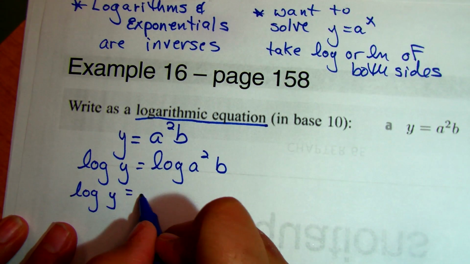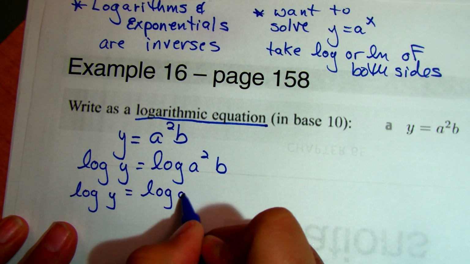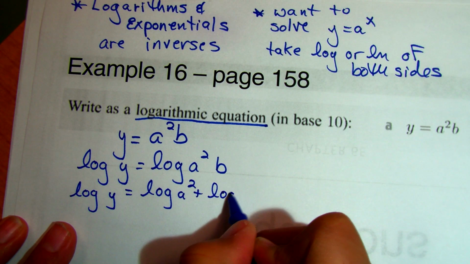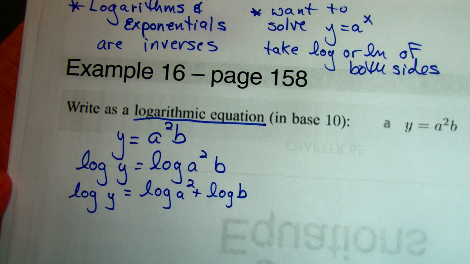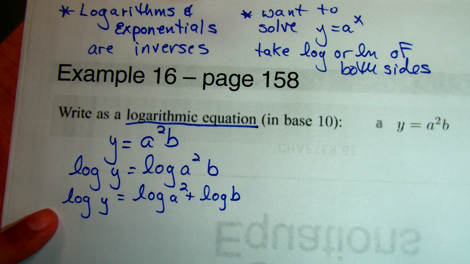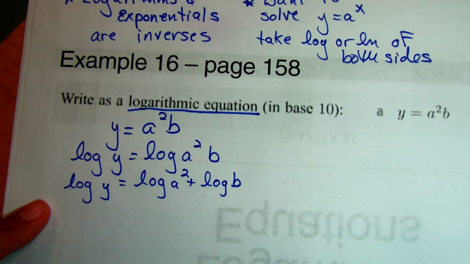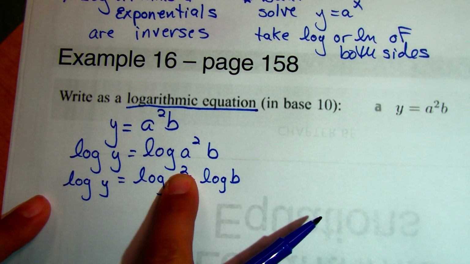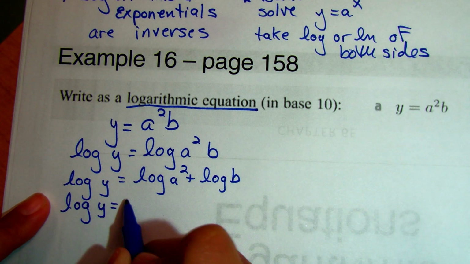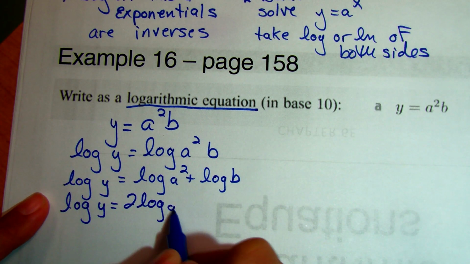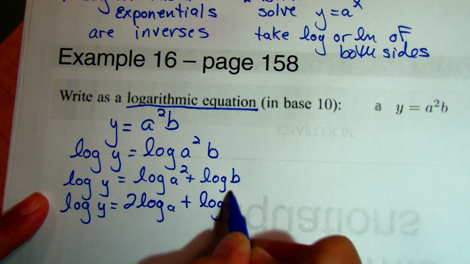Addition. So this is going to be log a squared plus log b. And I'm going to stop there, see if there are any questions, and keep going. Exponents become what in a log? Coefficient. So 2 log a plus log b. And that's your final answer.